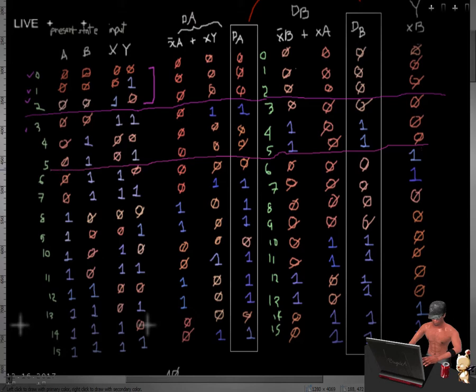Alright, so you can see here 4 and 5, with those two inputs, this is saying that it doesn't matter what y is, you're going to get the next state of 0, 1 from this present state of 0, 1.